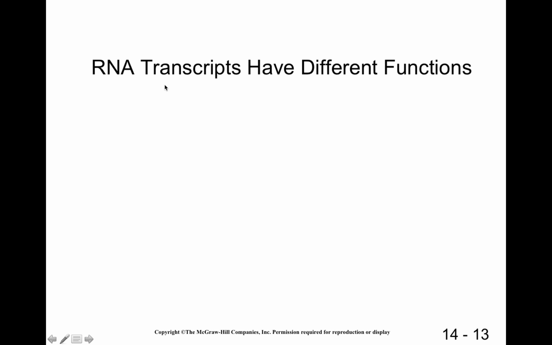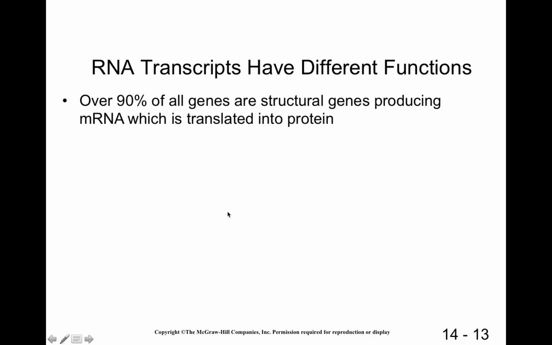RNA transcripts have different functions. 90% of the genes that are transcribed into RNA produce functional messenger RNA that gets translated into protein.